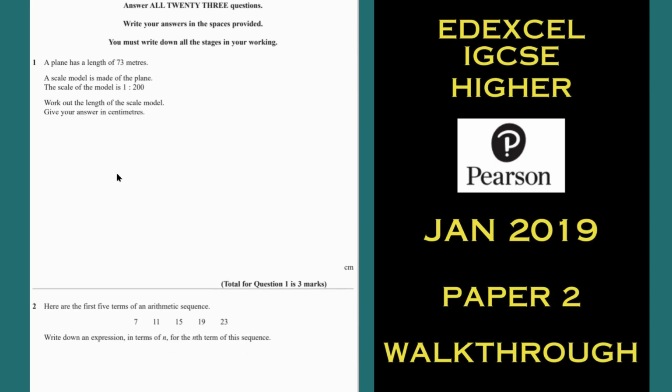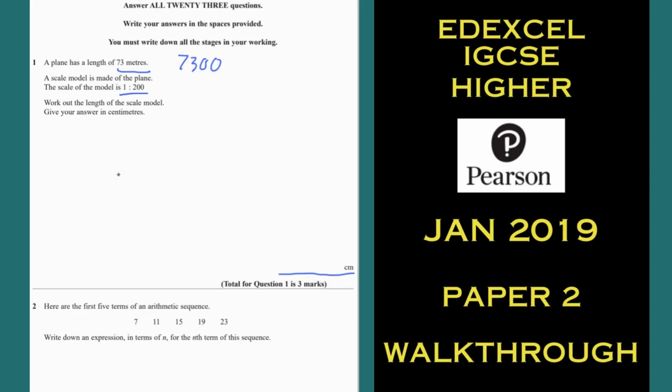Just simply converting, not a bad way to start an exam here. So, very wordy though. End of the day, meters, answer in centimeters, get it converted. So the idea is that in real life and to the scale factor is multiply and divide by 200, depending on which way around you're going.